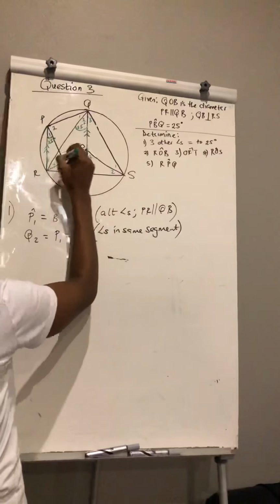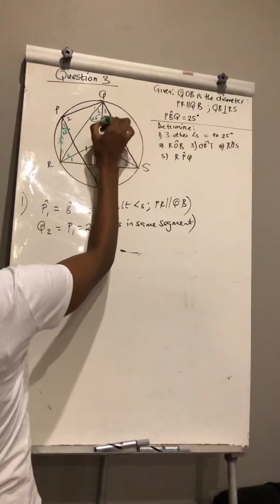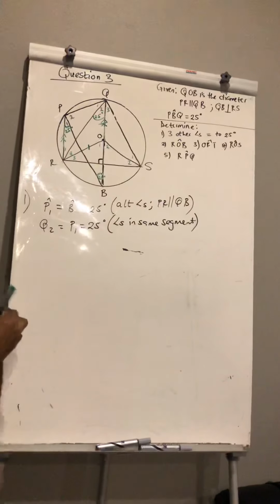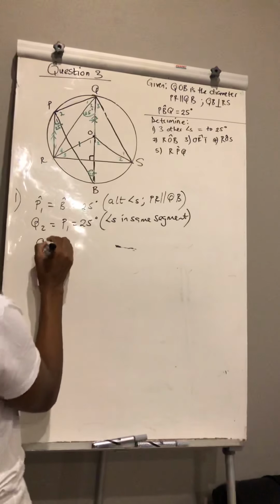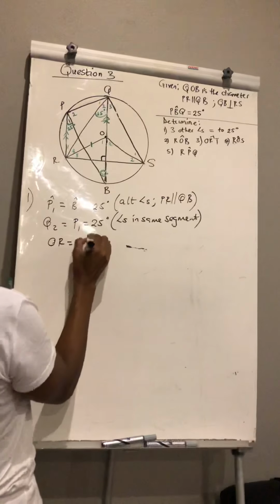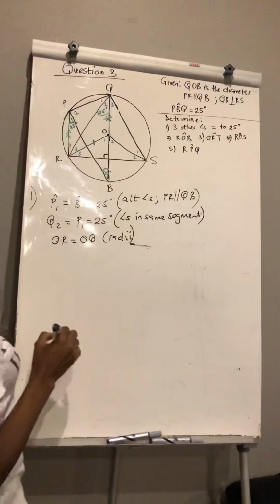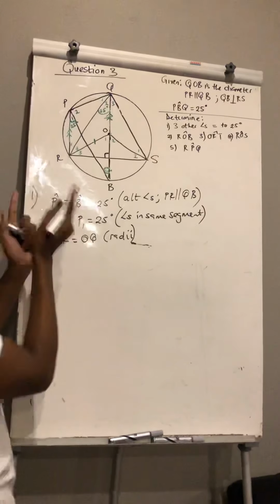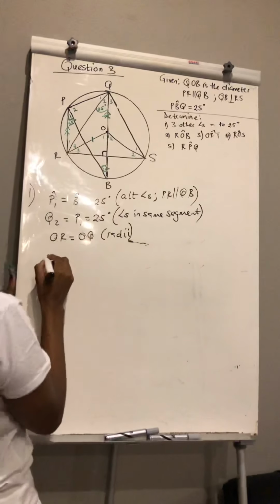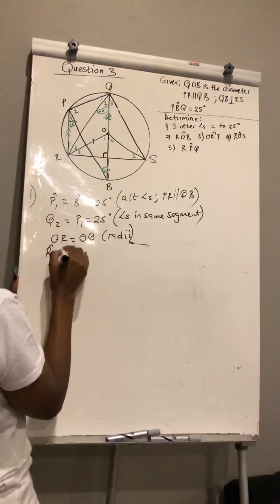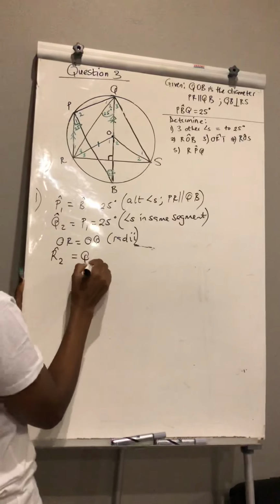You see, OR is definitely equal to OQ. So let's write that one. OR is equal to OQ. And of course, I know you're saying it's because they are the radii of the circle. And because those 2 are equal, we can now agree that R2 as well should be equal to, let's say, Q2.